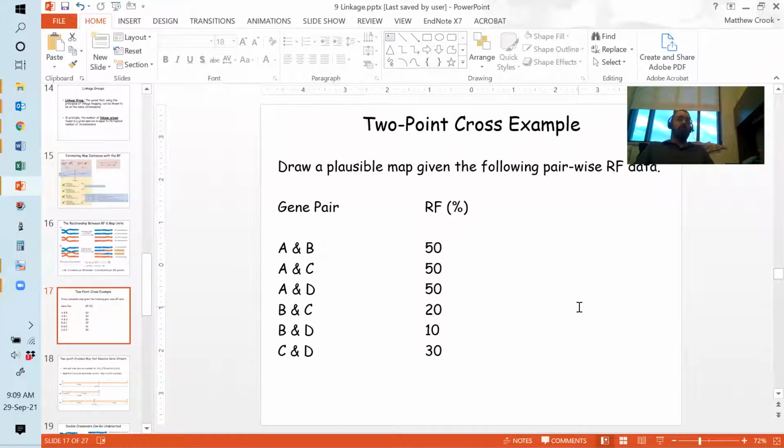If they're linked or not, yeah, but if you do a cross between A and B, you get 50% recombination frequency. A and C, you get 50%. A and D, you get 50%. Is A linked to B, C, or D? No. Okay, awesome.